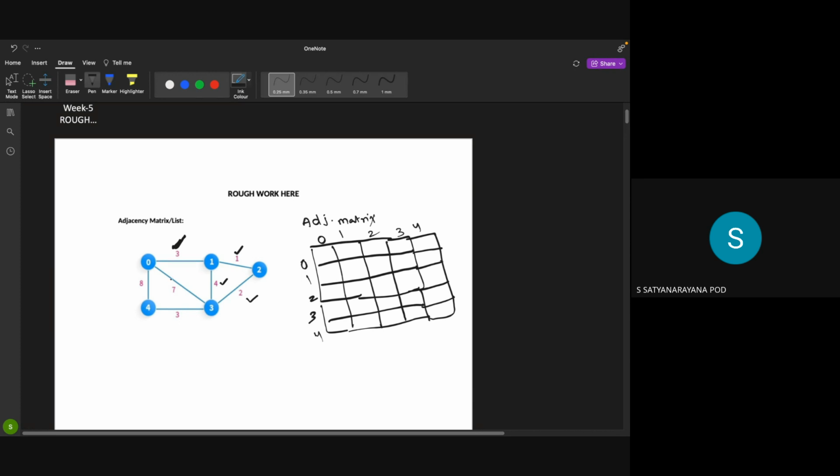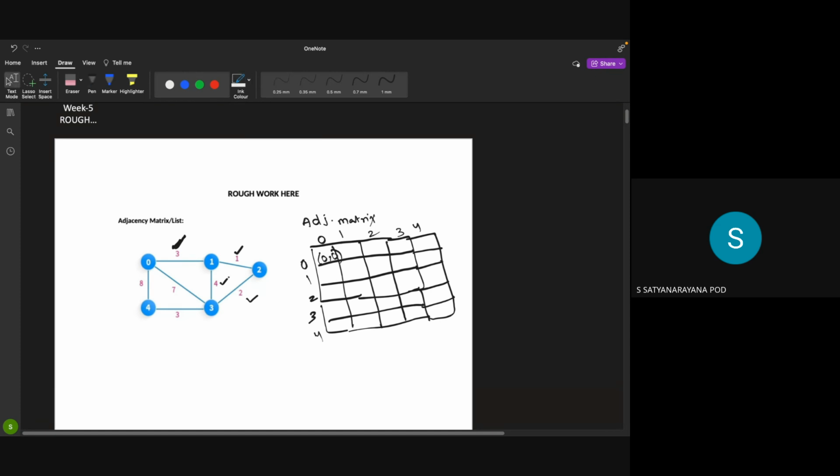So from 0, what are the adjacent vertices? 1, 3, and 4. So from 0 to 0, we don't have any edge or weight. Please remember, we give a tuple value.